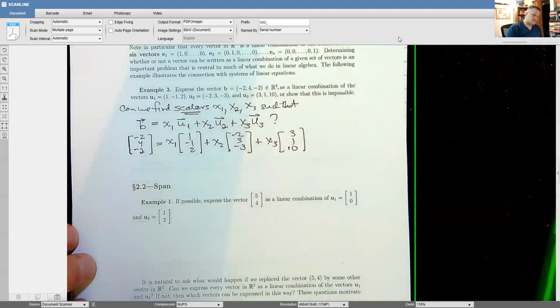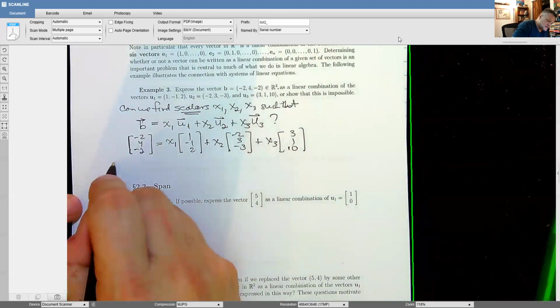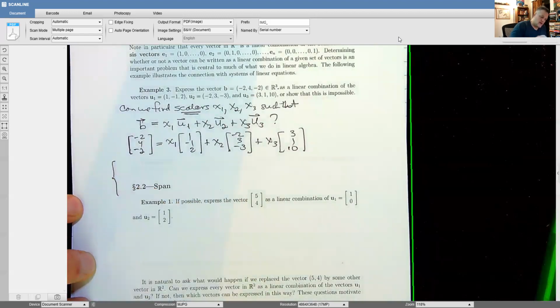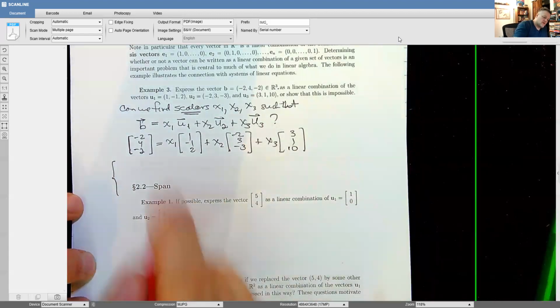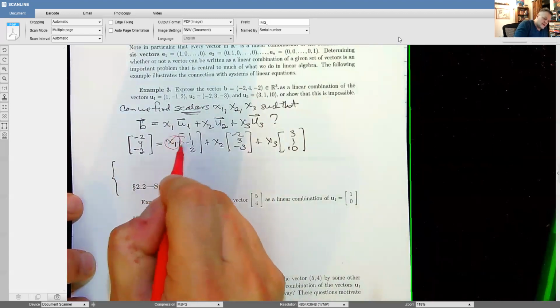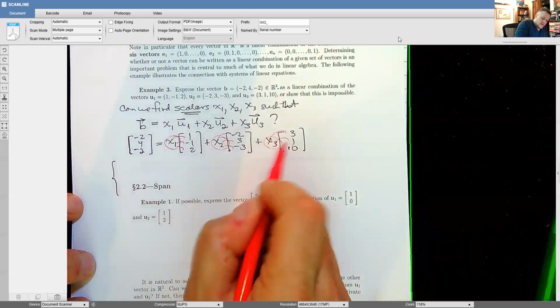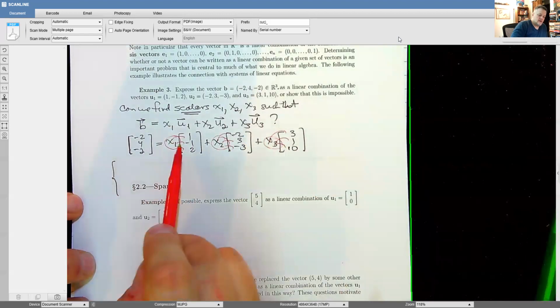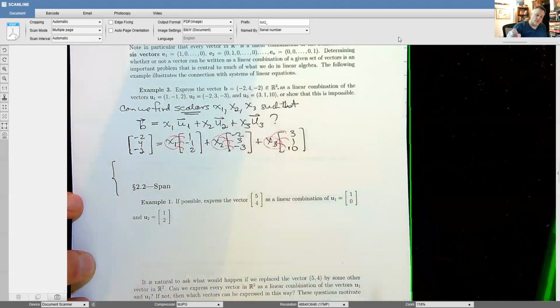And so now if I simplify this, I'm going to write it as a system. Remember how to scalar multiply vectors by numbers. I multiply everybody in there by x1, everybody in there by x2, everyone in there by x3. I'll have 3 vectors in R3 that I can then add component-wise.